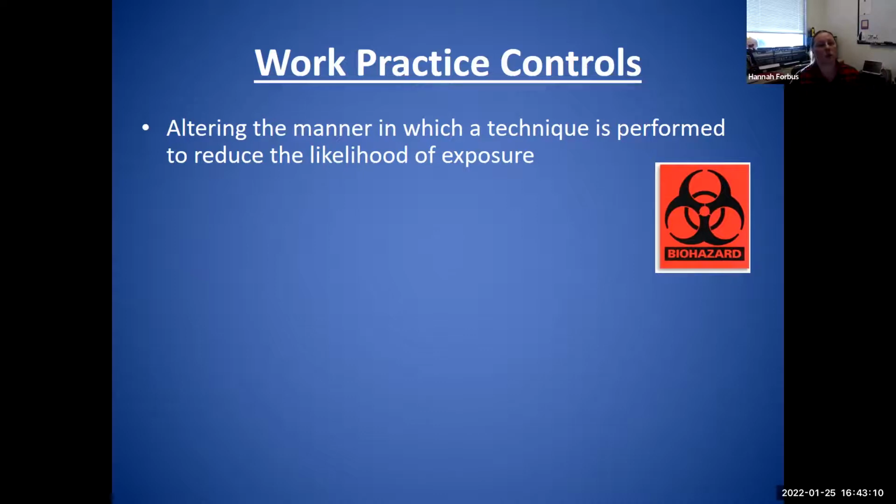Work practice controls, these alter the manner in which a technique is performed to reduce the likelihood of exposure. So both of these are to reduce risk of exposure, right? But these are things that we actually do. Engineering controls are things that we use or things that we set in place.